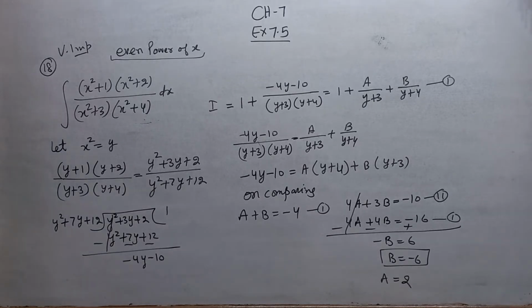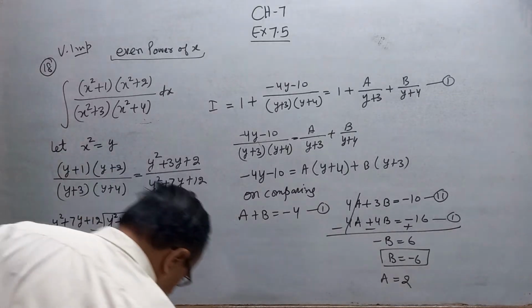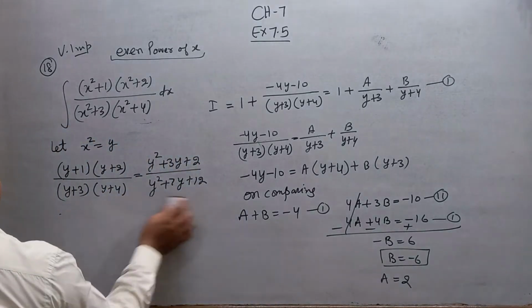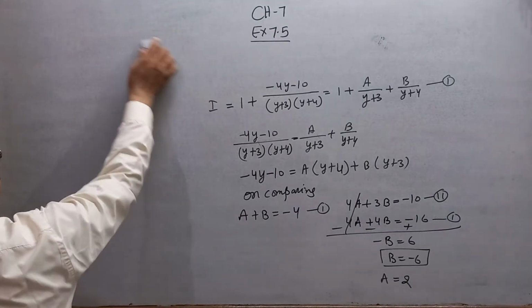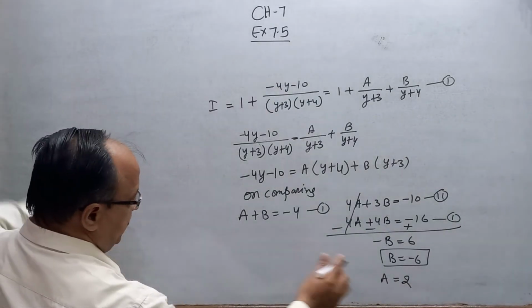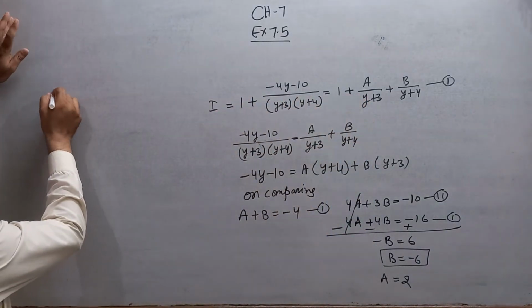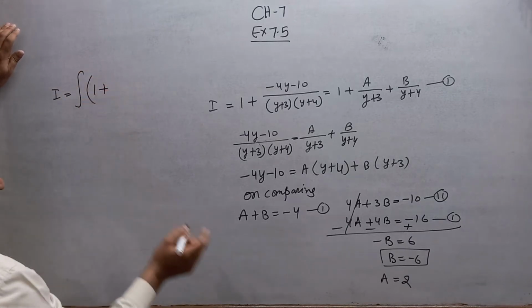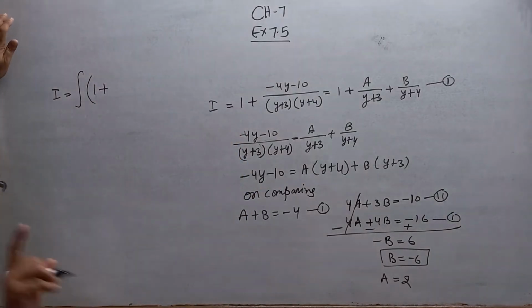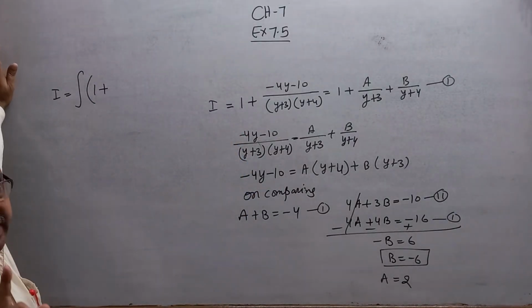Correct? You can check the most important type, that is even power of x. Now put the value of a and b in equation number 1. Therefore, put the value of y before integration in this type, correct?